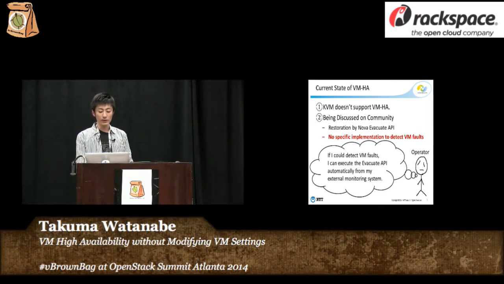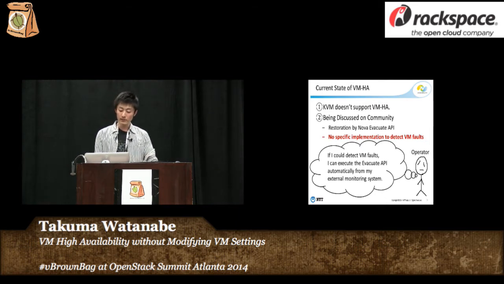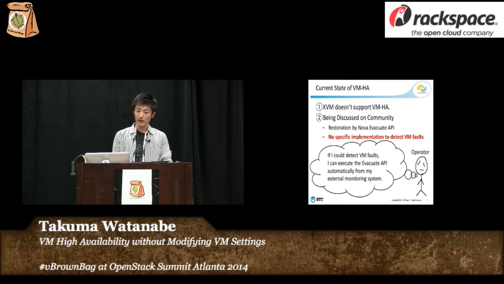However, there is no specific implementation to detect VM faults. If the faults were undetectable, OpenStack operators cannot be aware of the timing when the API should be performed. If the faults are detectable, some methods of automatic restoration will be considered.